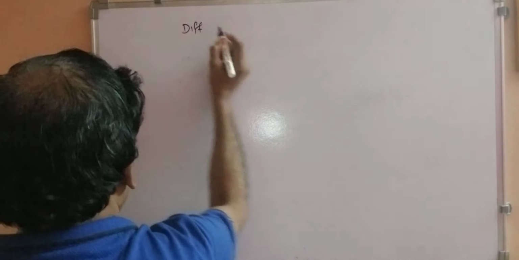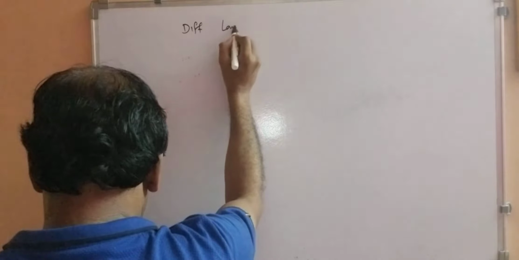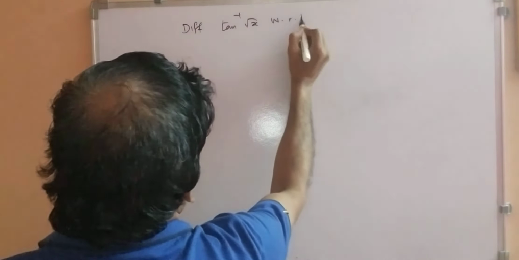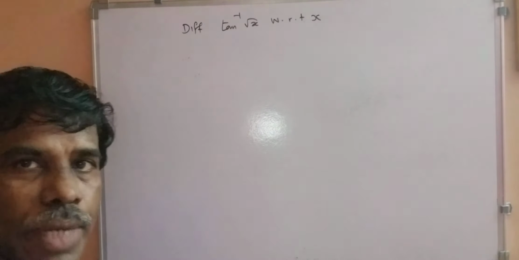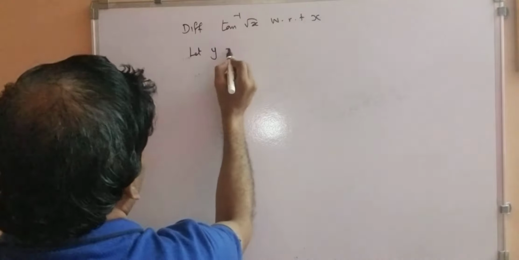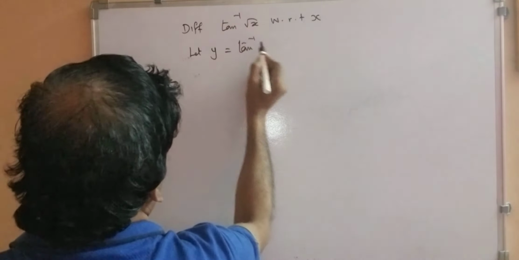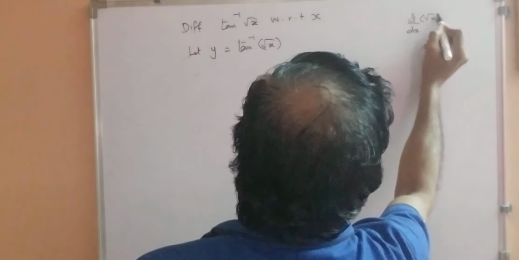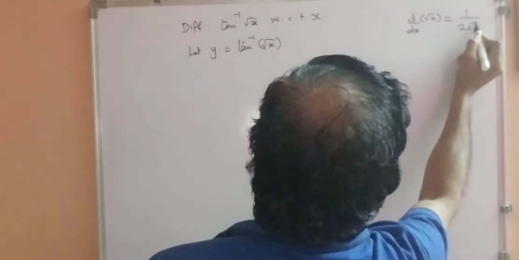Differentiate tan inverse root x with respect to x. Same type of problem. So, we will write let y equal to tan inverse root x. Now, what is the derivative of root x? 1 upon 2 root x.